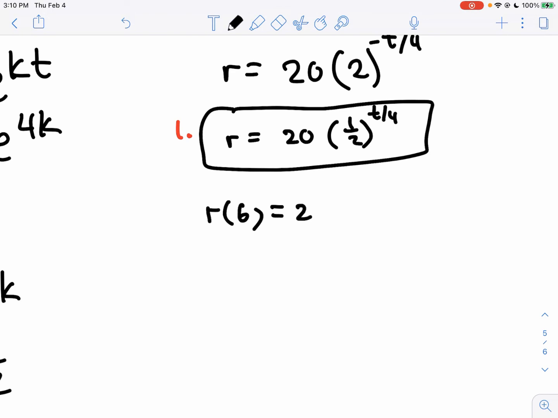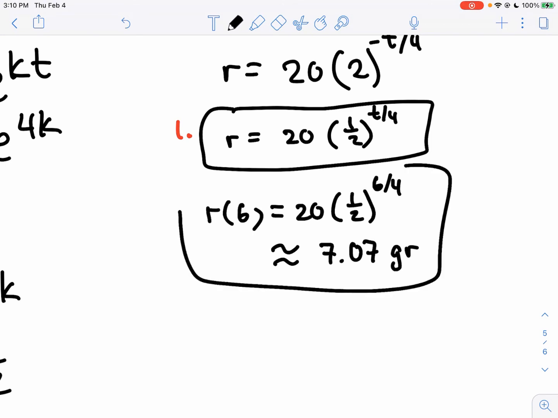R of 6 is equal to 20 times 1/2 raised to the 6/4. So I'm going to do that on a calculator. We do 20 times 0.5 raised to the 6/4, which is 3/2, or 1.5. And I get approximately 7.07. And this was measured in grams. So this answers question 2.